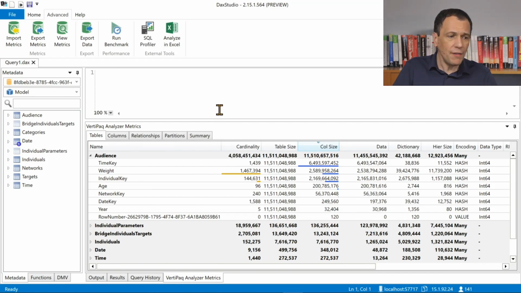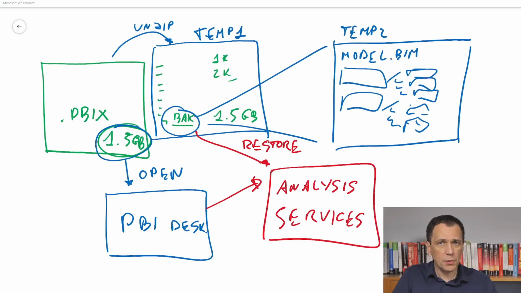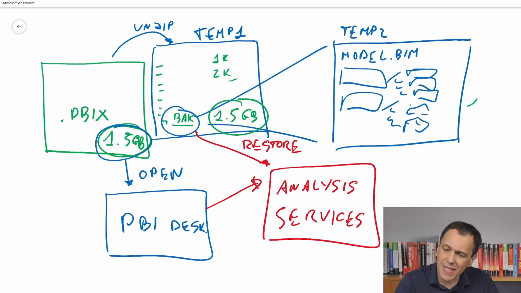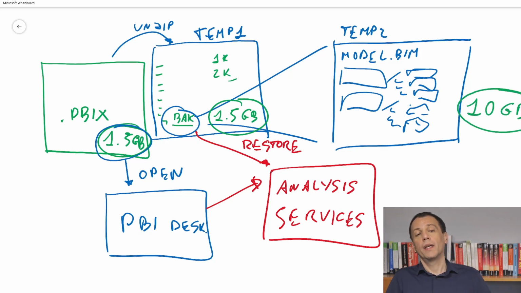But we have the number now, so I can go back to the whiteboard, and we can say, okay, if I had 1.5 gigabytes here, I know that now this is 10 gigabytes, more or less, right? Now, moving from temp 1 to temp 2 required this little bit of RAM and CPU.